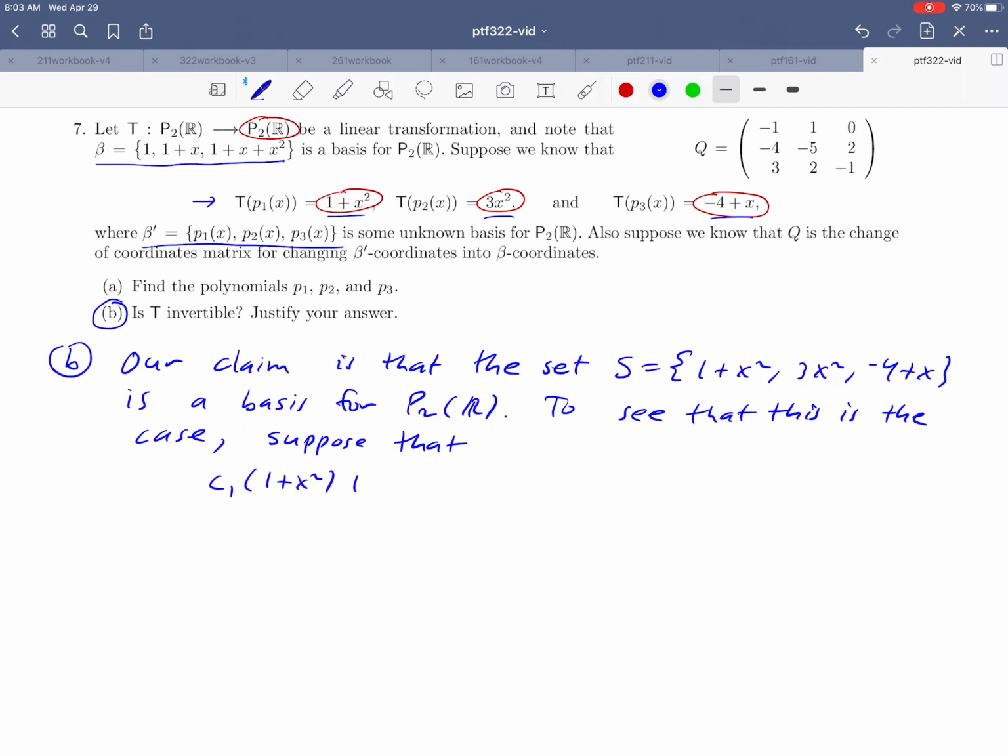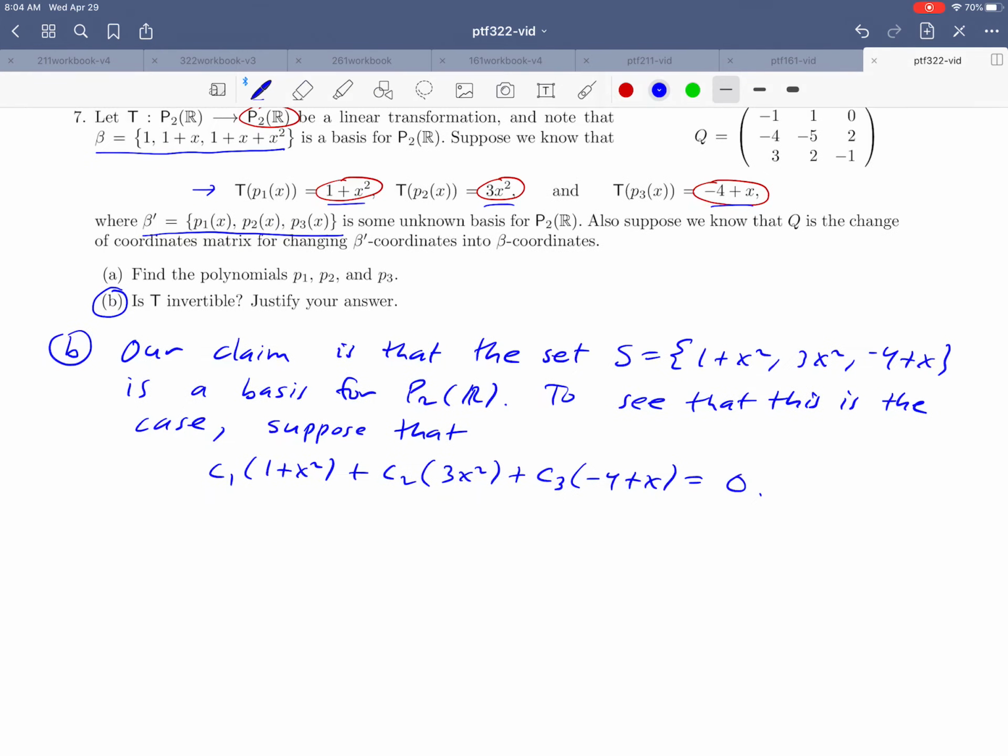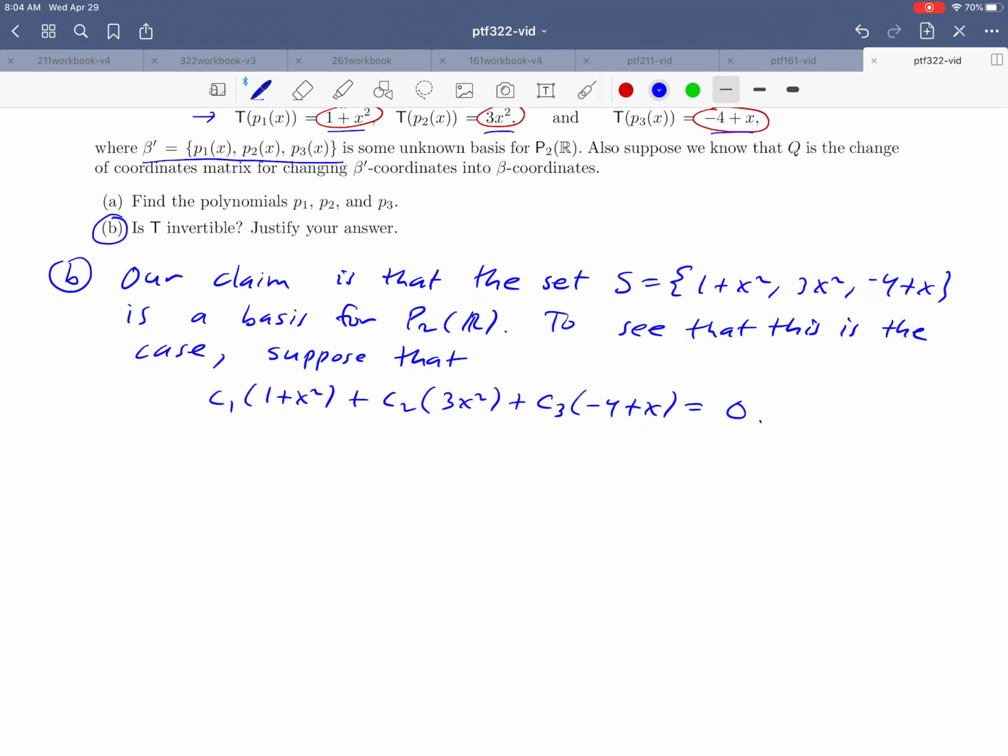That's the starting point if we want to convince ourselves that a set is linearly independent. We'd like to convince ourselves that equation star has only the trivial solution.